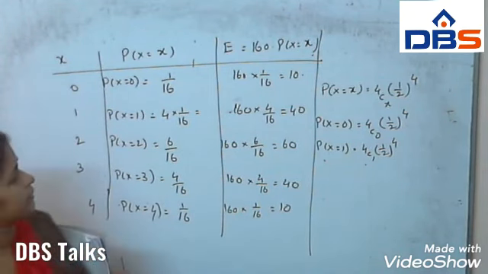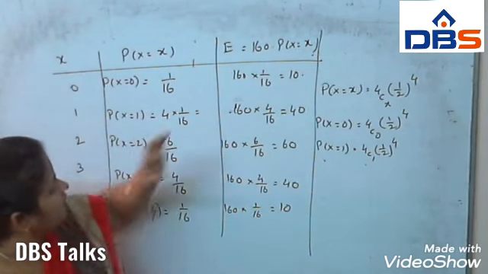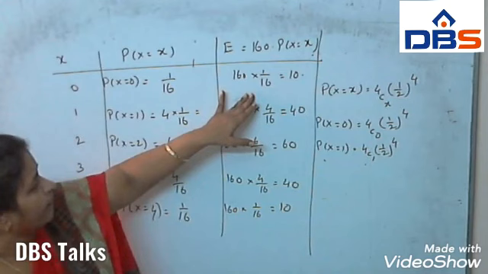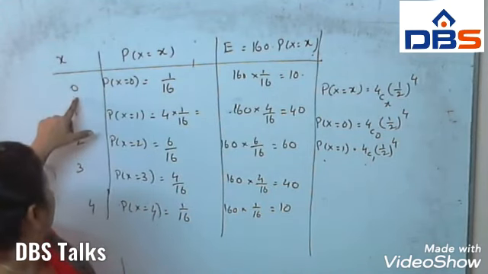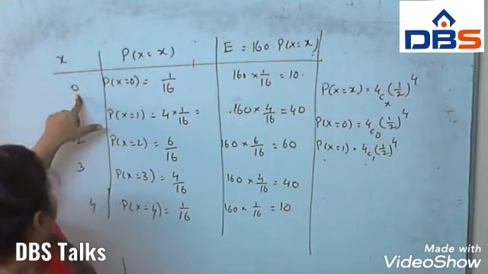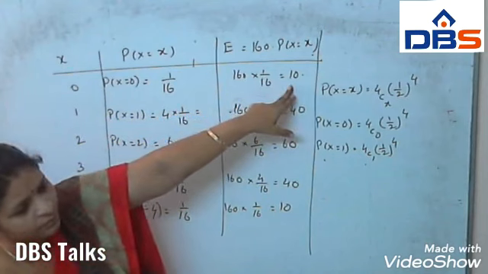So, these are the expected frequencies, theoretical frequencies. That means, if 4 coins are thrown 160 times, for the number of heads, 0 heads we have to get 10 times.